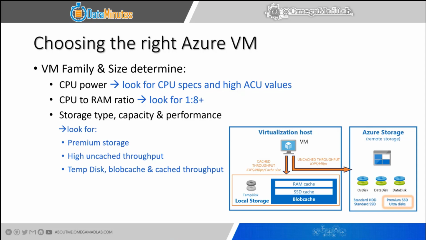On this local storage, you can find the temporary disk of the virtual machine, as well as the blob cache that can be used in the SQL Server world to increase the read capabilities of your system. This storage is accessed by a channel that is named cached throughput in the documentation. So you need high numbers on this side too.